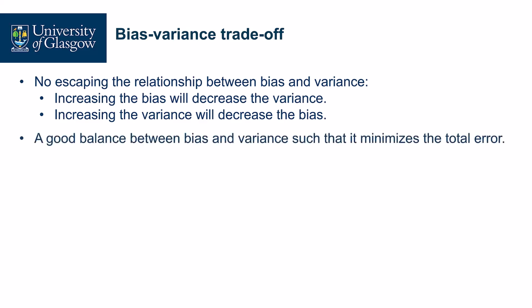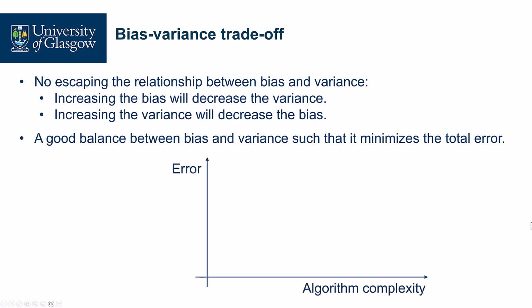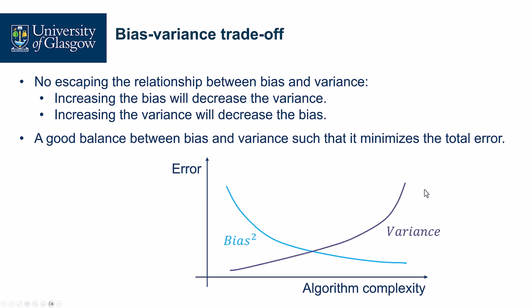Normally, we want a good balance between the bias and variance so as to minimize the total error. Let's see this figure. When the algorithm complexity grows, so the machine learning model becomes more complex, often the bias will decrease. But meanwhile, the variance increases. So we don't want this one, we don't want this one.